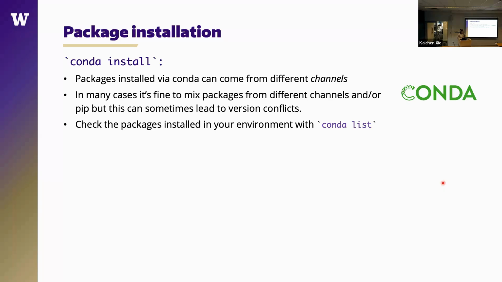In many cases, it's fine, so you don't need to provide which channel you want your package from. But sometimes there will be version conflicts, or if you want a GPU version, it installs the CPU version for you. So sometimes you will need to provide which channel you want to install from. That can be specified by -c.